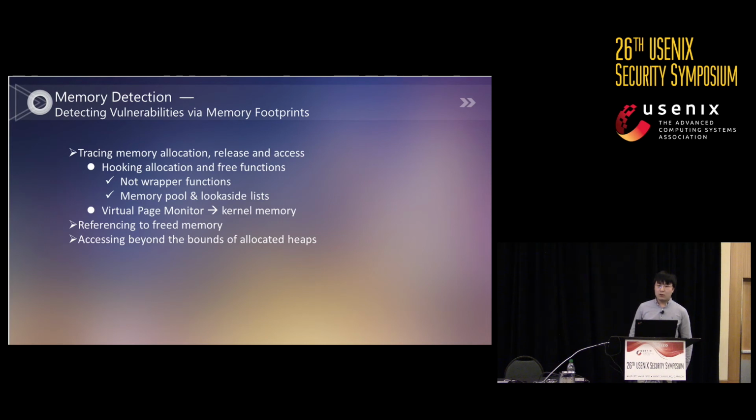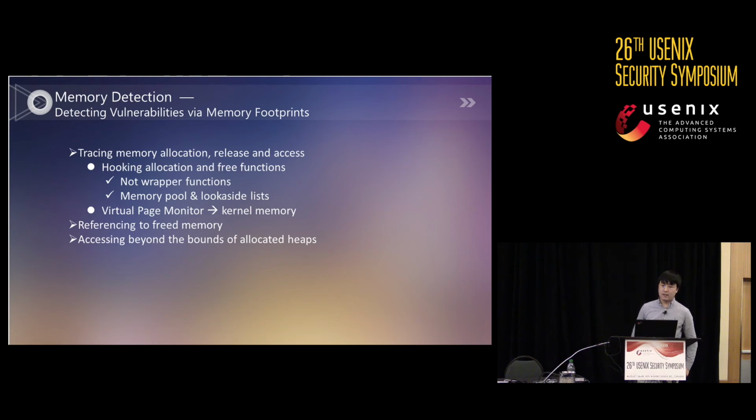But we should only hook the underlying memory functions rather than the wrapper functions. This can avoid repetitive records. In order to achieve a comprehensive result, besides the memory pool, we should also focus on the look-aside list.